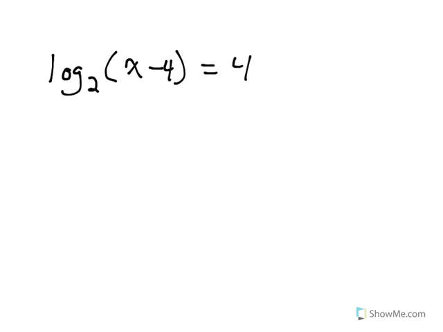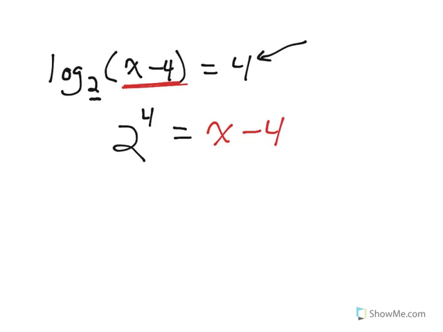Going the other way, changing from a log to an exponential equation, we can rewrite this. Our base is 2, and we know that our exponent is 4 because the log of a number is always its exponent, and that will equal the answer here, which is x minus 4.